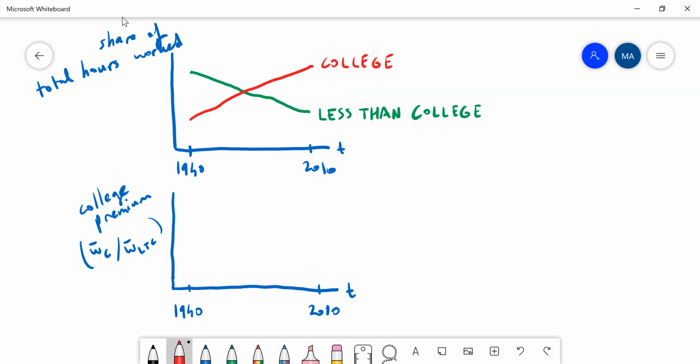Now, we also observe the wage premium to be something like this, evolving in the US economy. So what do we see here? This is a relative price, right?